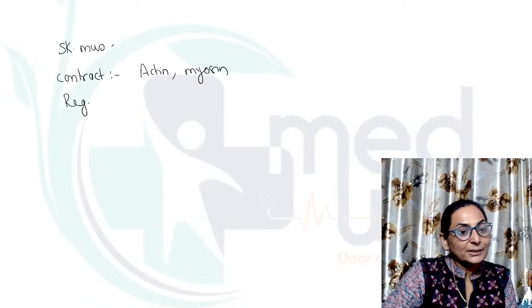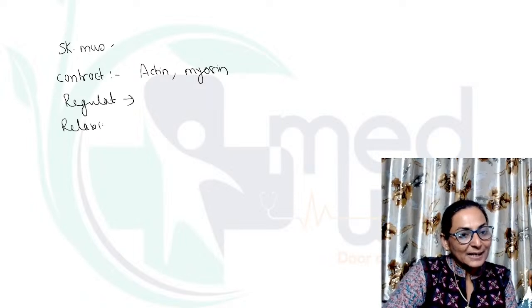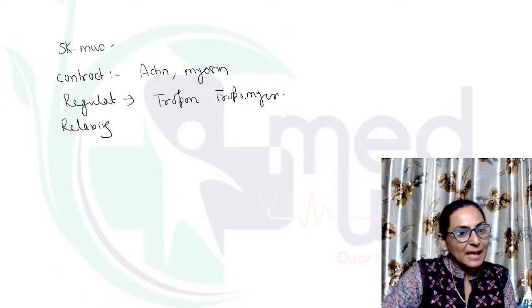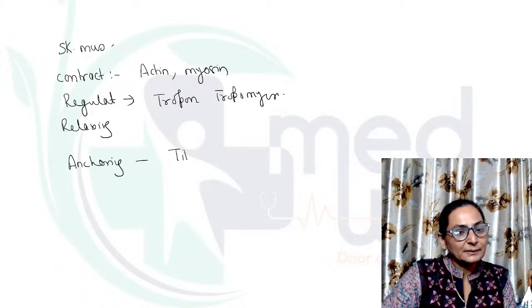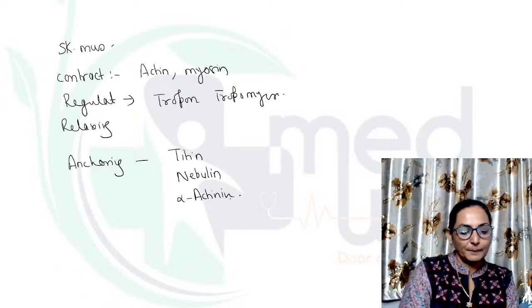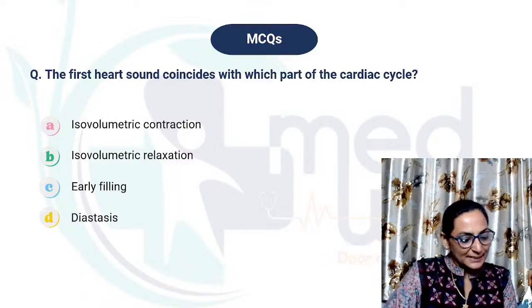There are regulatory proteins which are also called the relaxing proteins, which are troponin and tropomyosin, and there are certain anchoring proteins, which are titin, nebulin and actinin. Yes, so Muhammad and Saddam, you've given the correct answer.